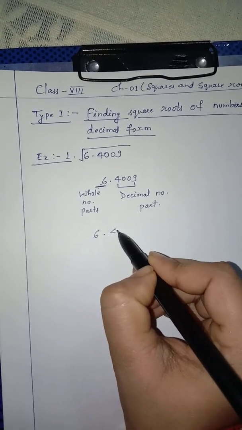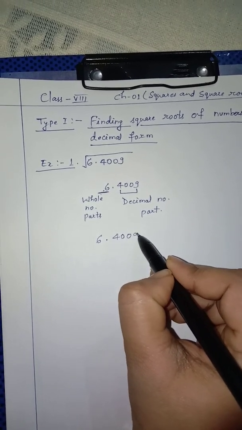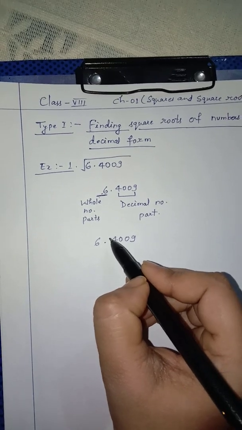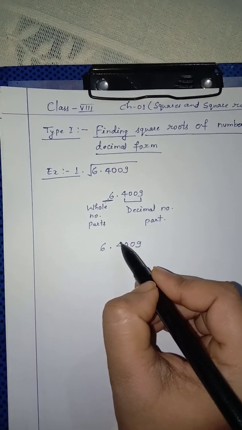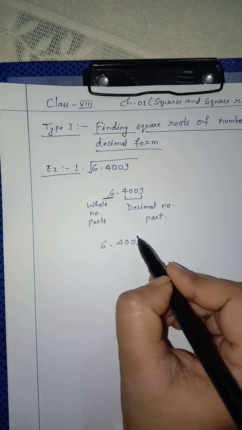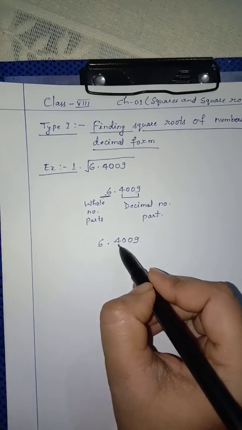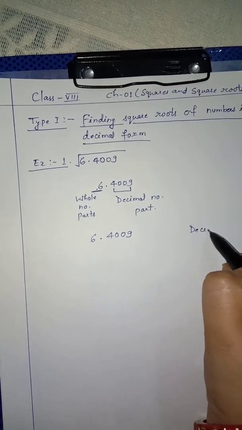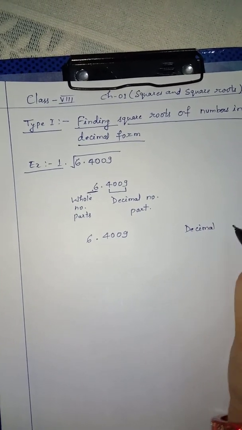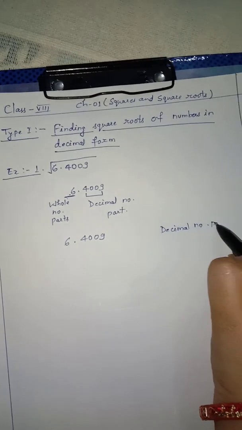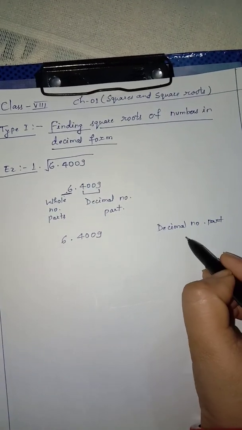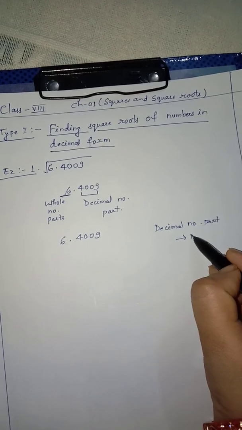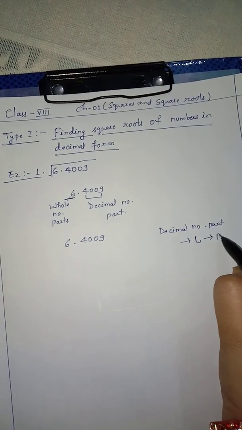In 6.4009, in the decimal number part, we have to start from left to right.